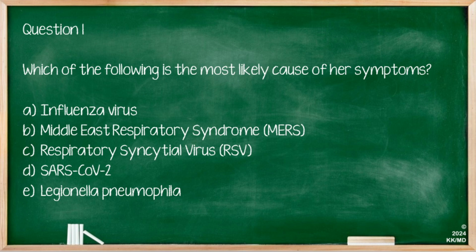However, given that you're preparing for an MRCP exam, it's important to look for the hints in the question to guide you to the correct option. So this is somebody who has been traveling in Saudi Arabia and she's presenting with signs and symptoms consistent with pneumonia. Therefore, the correct option is going to be B, Middle East Respiratory Syndrome.